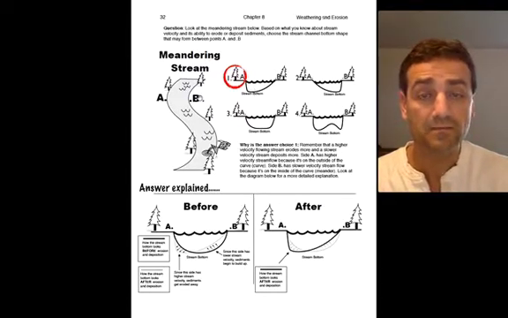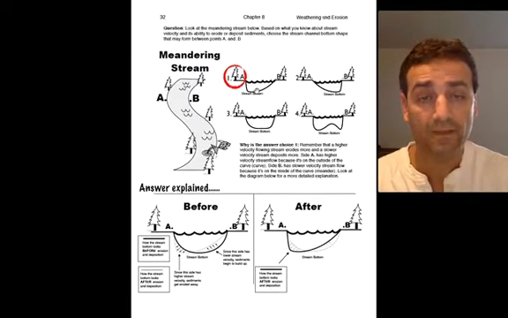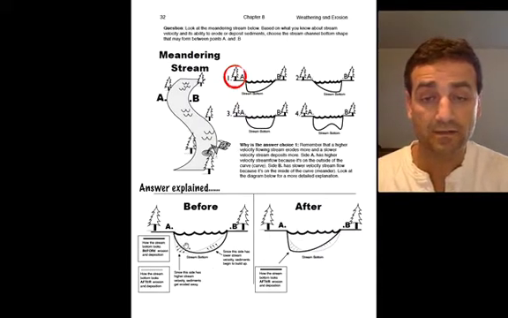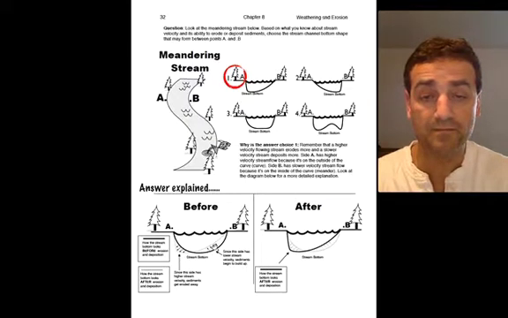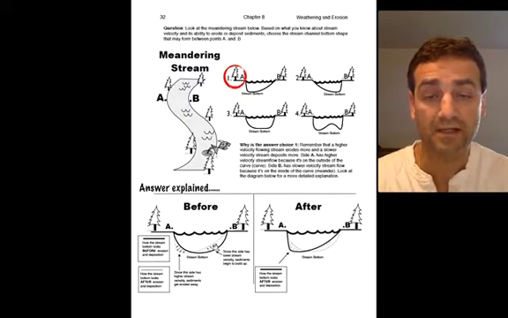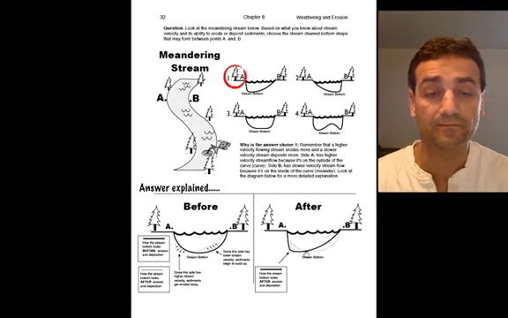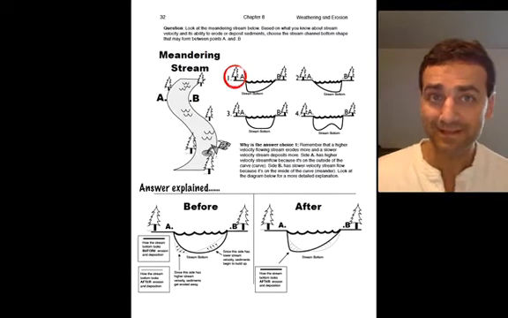B moves slower, therefore it deposits more. And down here's that explanation. Okay. A here, it's moving faster, so it erodes it away. B, moving slower, so it deposits and builds up until finally it looks like this. Okay. Easy, right? All right.